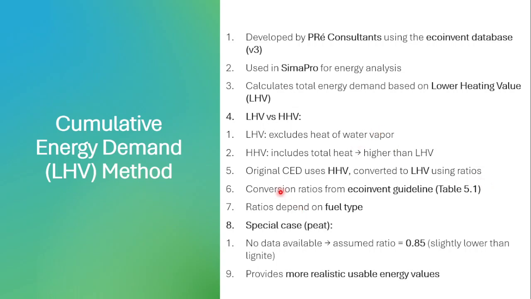You can see the conversion ratios in the ecoinvent guideline table 5.1, and the ratios also depend on the fuel type. For example, in the special case of peat, no data are available, so we assume the ratio is equal to 0.85, slightly lower than lignite, which provides more realistic usable energy values.